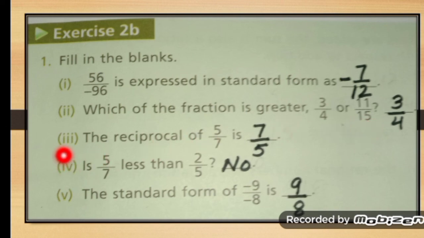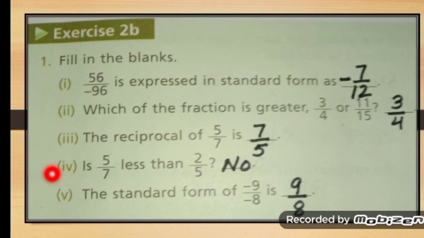In statement 3, we have to find the reciprocal, and you know in reciprocal we interchange the numerator and denominator. So if we have to find the reciprocal of rational number 5 by 7, then its reciprocal will be 7 by 5. We will interchange its numerator and denominator.